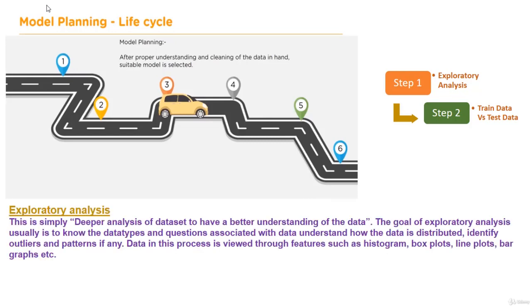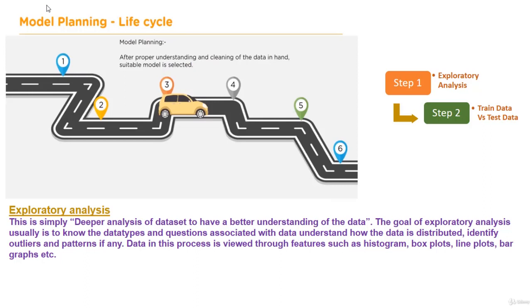In exploratory analysis, it involves a deeper analysis of the data set to have a better understanding of this data. The goal of exploratory analysis usually is to know the data types and the questions associated with the data and understand how this data is generally distributed.